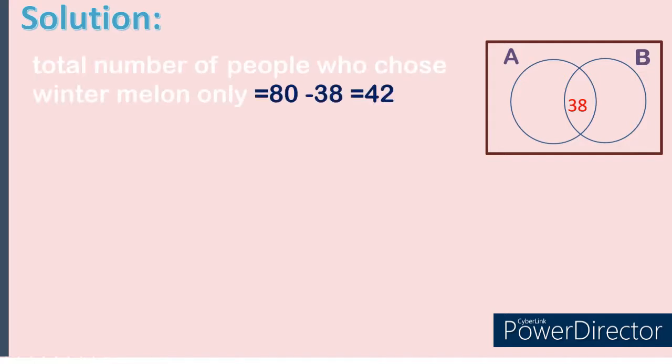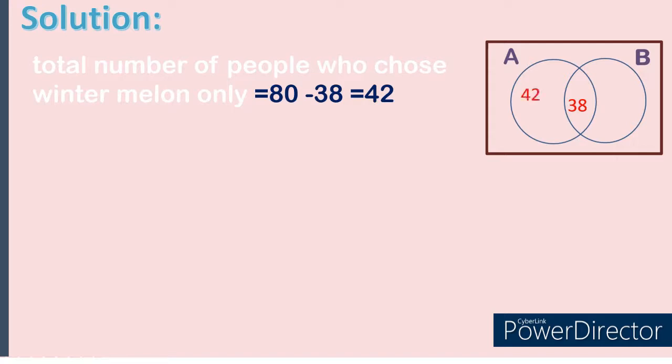Okay? So, how can we get the total number of people who choose winter melon only? By subtracting the number of people who choose winter melon minus 38 na kung saan pumili na may gusto rin ng winter melon and salty cream. So, get the difference. So, 80 minus 38 is equals to 42.